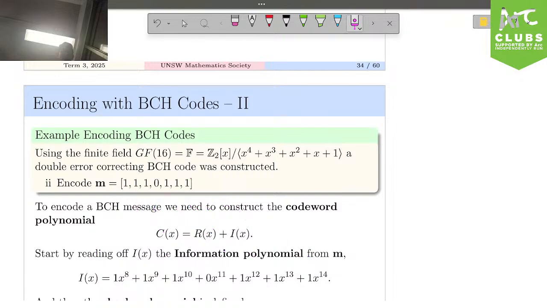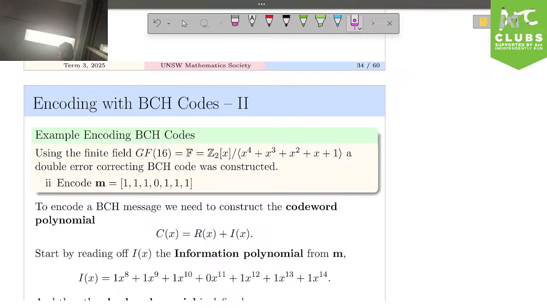Why is it x to the 8? The reason is because of the leading columns of our check bit matrix. We have 2 error correcting, which means there are two rows to our check bit matrix. Remember, this is the alphas and the betas, and each alpha is going to be 4 down.